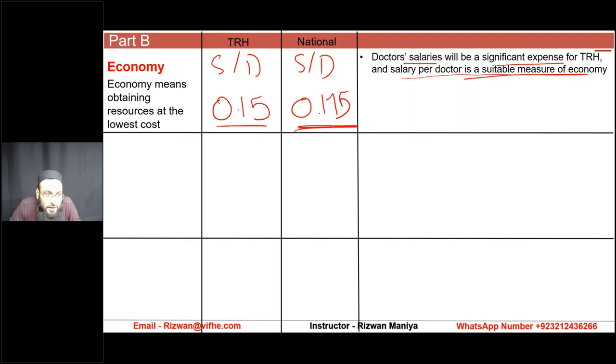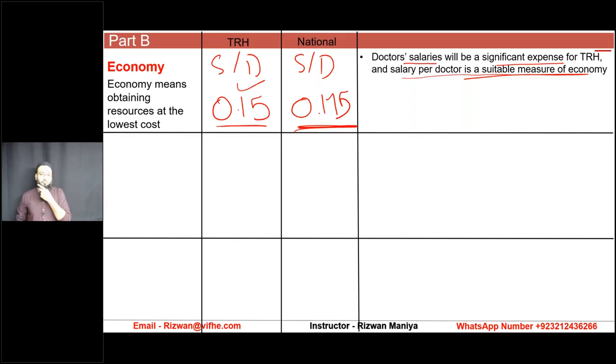National or TRH? Okay, let's have a look here. TRH is performing better because the cost per doctor of TRH is less than the cost per doctor nationally, which means our hospital's cost per doctor is less. So in the case of economy, we are better.